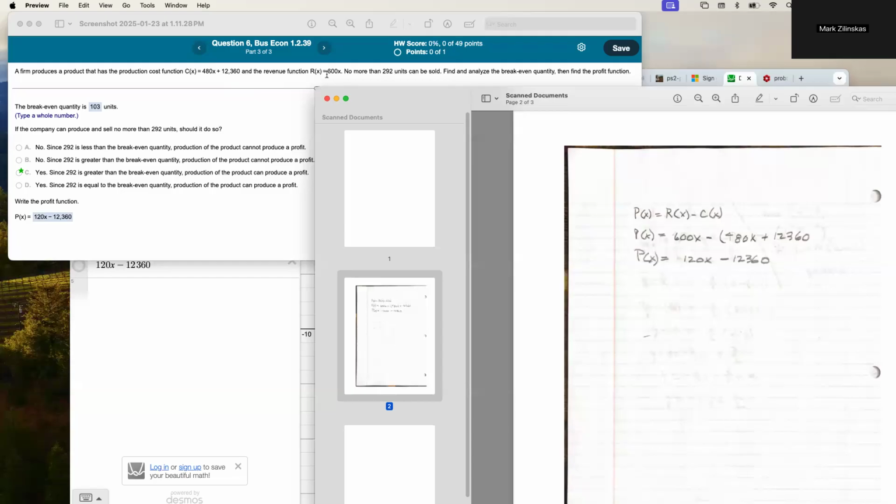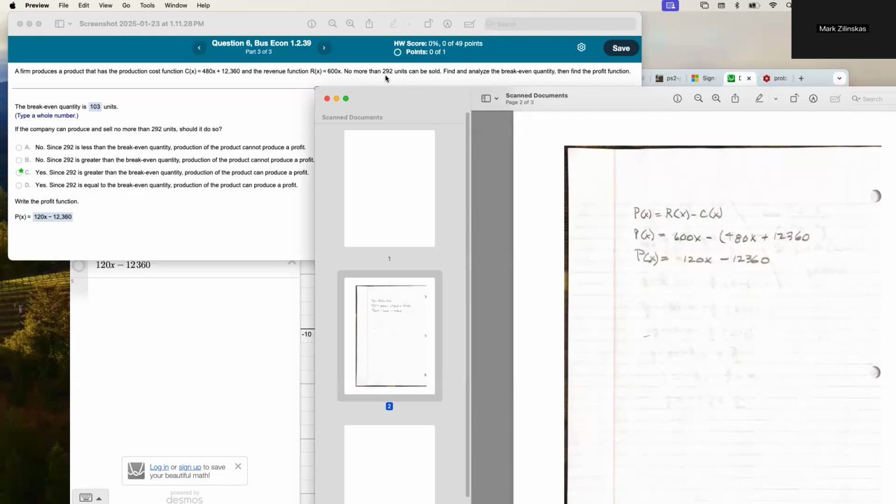Okay. So we obviously want to find here in this case where we're going to break even, and then wherever we break even, we have to hope we're going to sell a lot more than that to make it worth our while. We also have another parameter here, which says that for whatever reason, we're not going to be able to sell any more than 292 units.